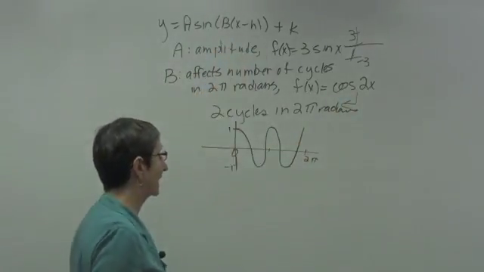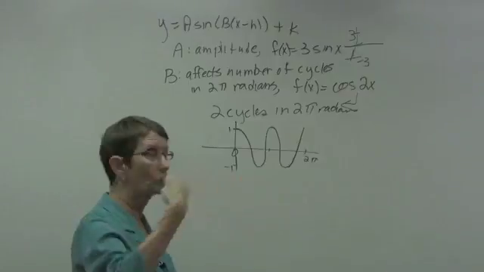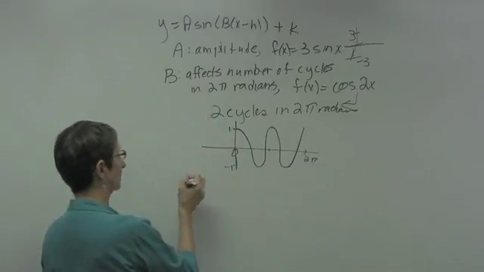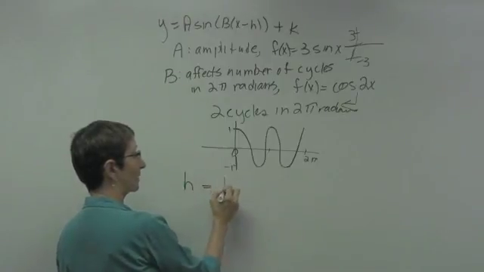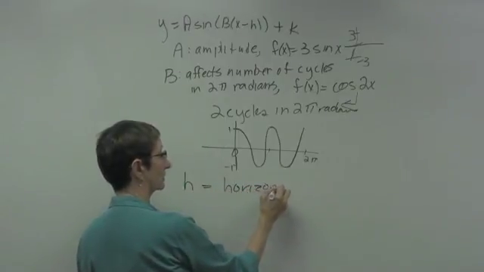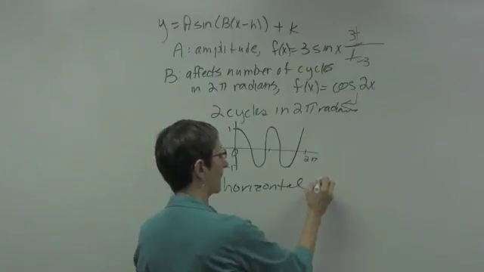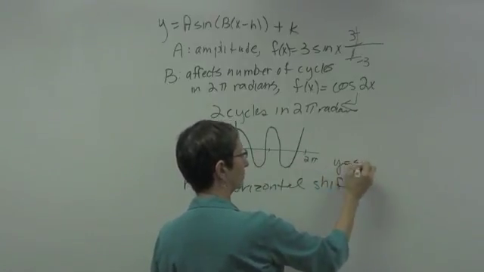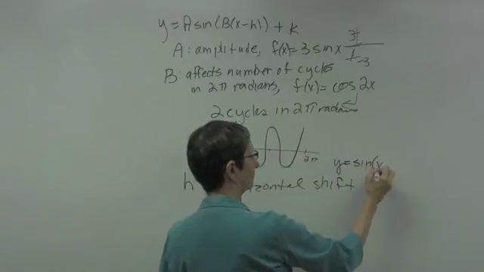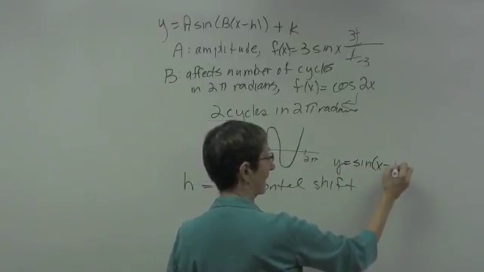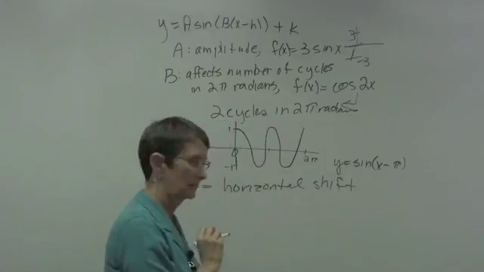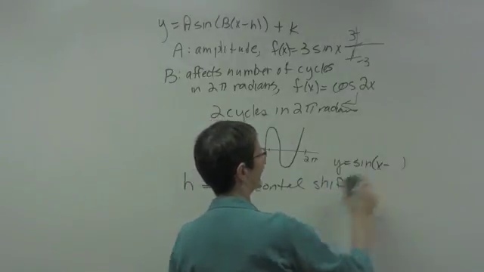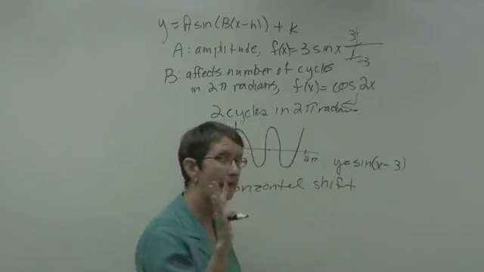The h and the k, those are the standard horizontal and vertical shifts. The h equals a horizontal shift, so that if my y is equal to sine of x minus pi, let's make it a 3, which is almost pi.